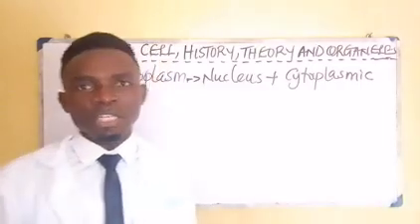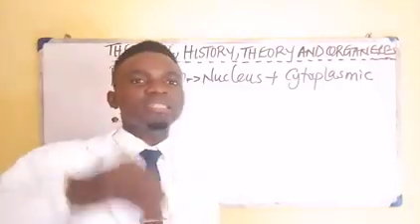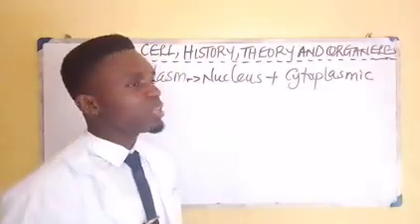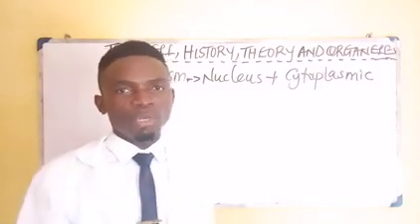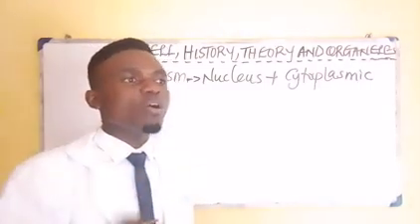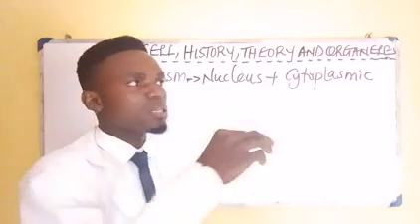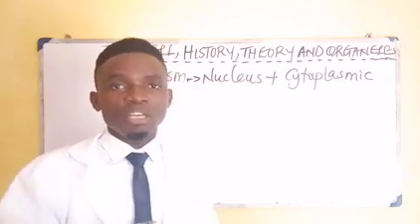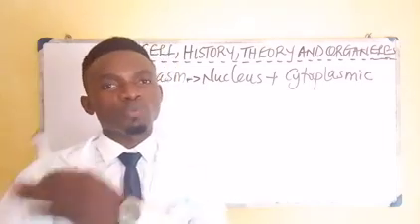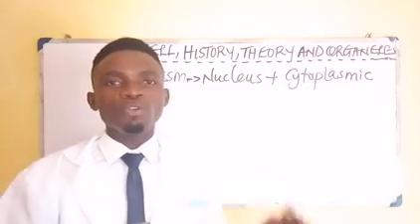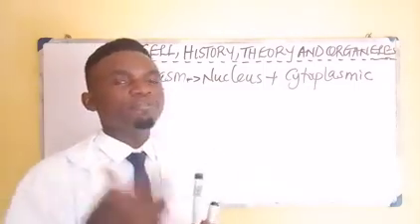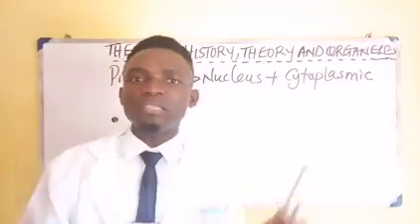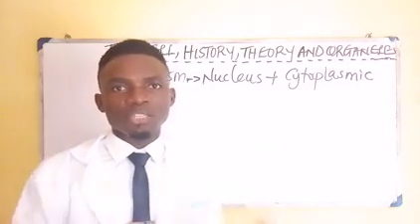Some of you may be asking yourself, what are these cytoplasmic materials? They are the organelles suspended in the cytosol of the cytoplasm. Now, the cytosol is the jelly-like fluid that suspends all other organelles in the cytoplasm, because you know that the cytoplasm is a space in which other organelles are suspended.